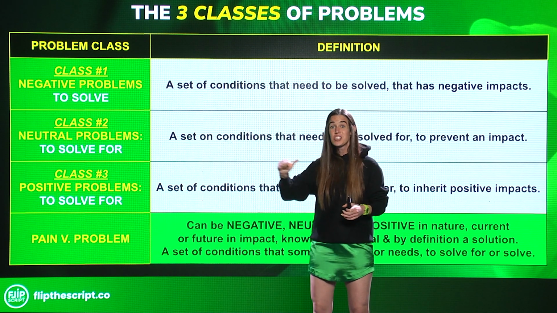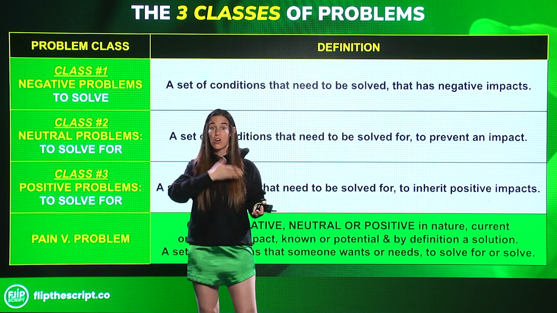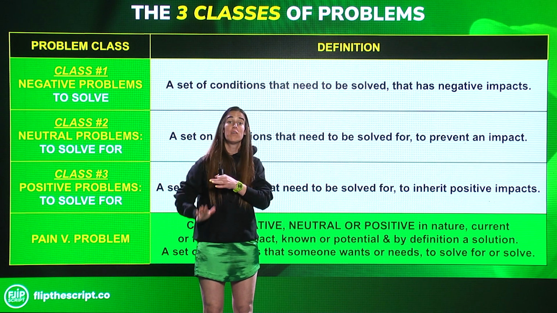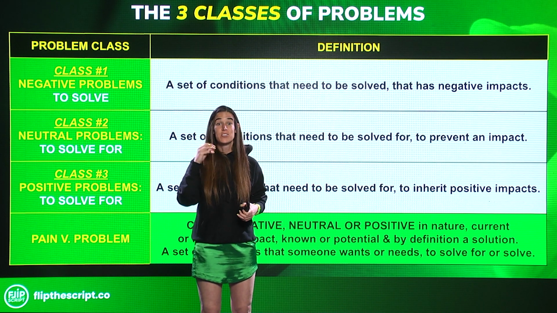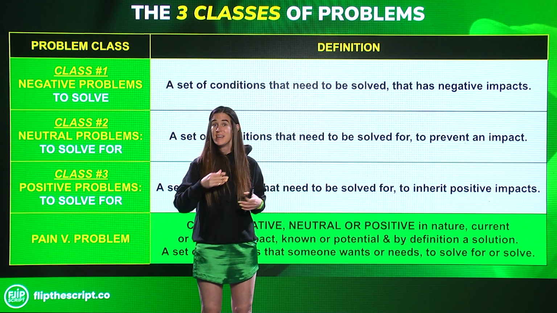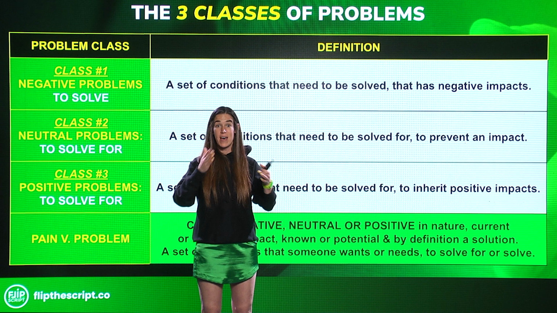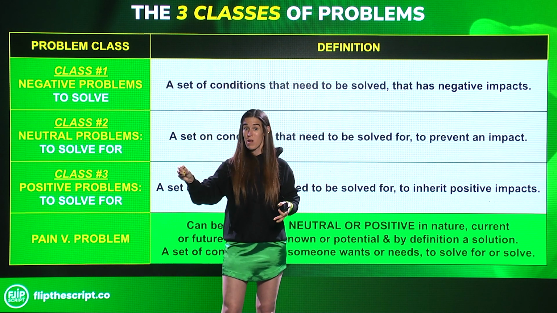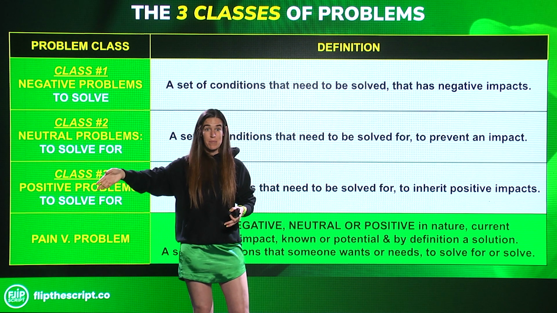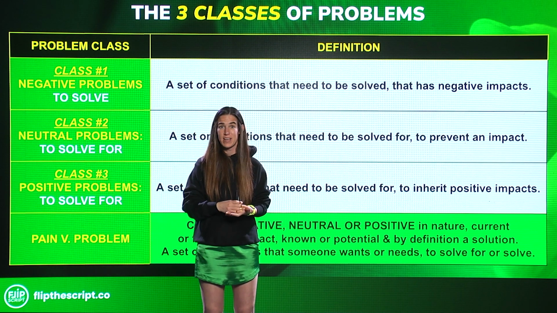This is a question that you are being asked, and you need to solve for that question to avoid a negative impact if you get the answer wrong. Just like on a calculus test, someone solves for y. They don't solve y, they solve for y. And if they get that answer wrong, then they have the negative impact that they fail their test, they can't graduate, or whatever it is.